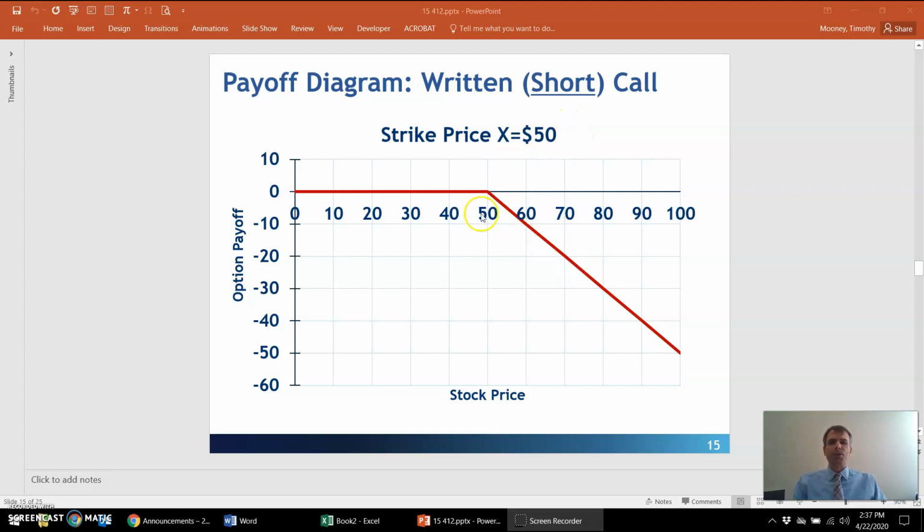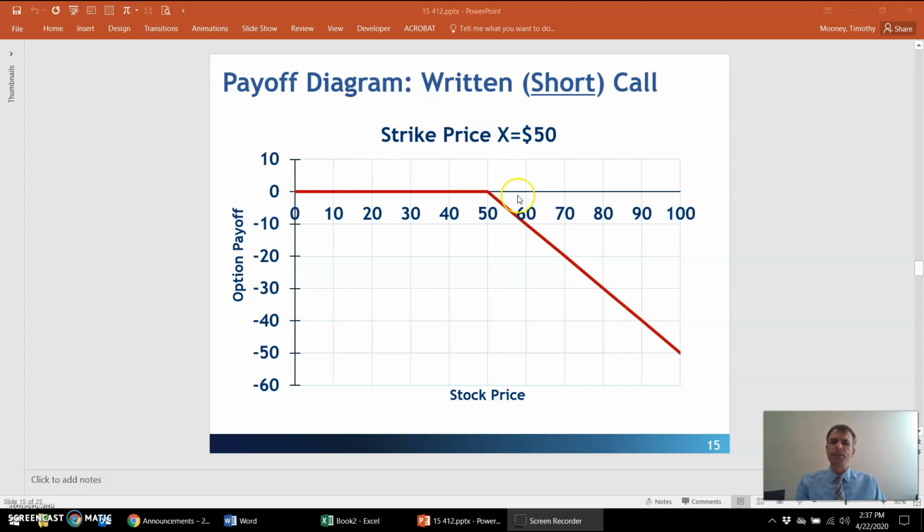So suppose the stock price goes up to $80 a share, and I've written a call option with a strike price of $50. If that option gets exercised, I am agreeing to allow the counterparty to buy a share of stock from me for $50, when in reality, the market price of that thing is $80. So I'm out $30 if I write a call option in that case.